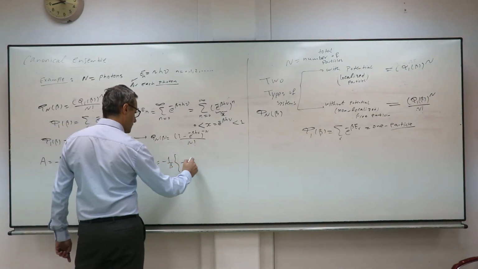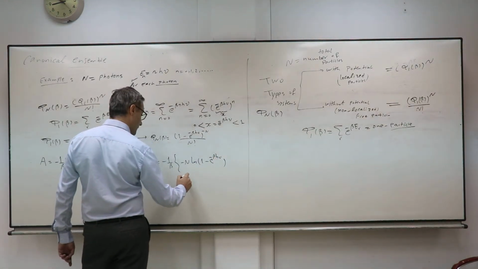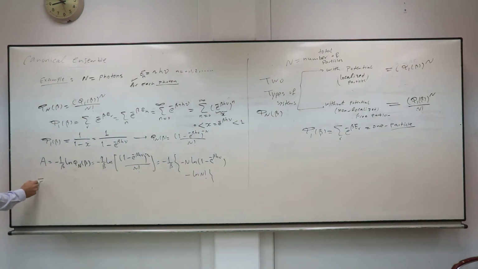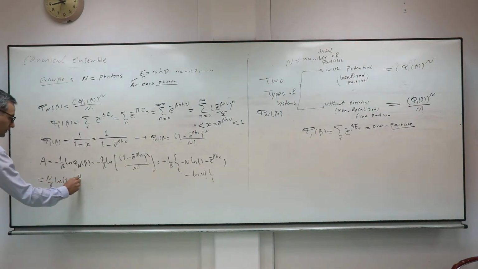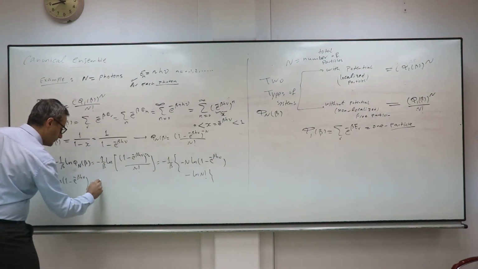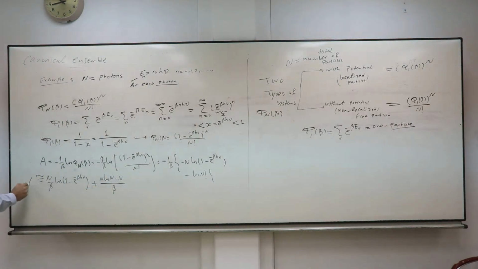Okay, so what I'm doing is just expanding the integral and trying to use the Stirling approximation. Can I write that n ln n minus n over beta? So this is the A. Just by taking the derivative of this, you can find the entropy.